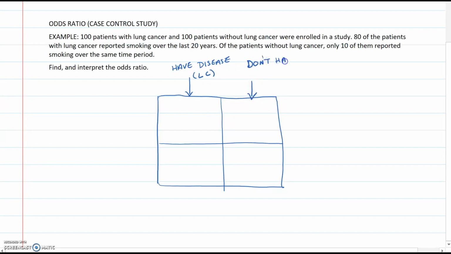Keep the order the same always. That way you won't get confused. So the first column should be have the disease, and then the second column who don't have the disease. When you're looking across, the top row should be those who have the risk factor. So these people have the risk factor, they smoked. And these people down here don't have the risk factor. They'd never smoked.